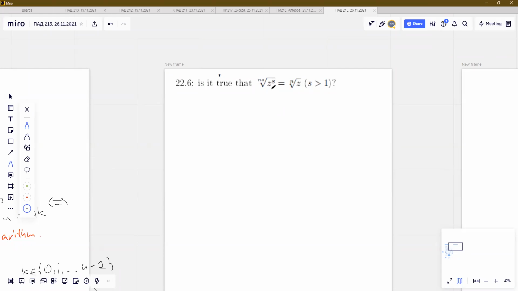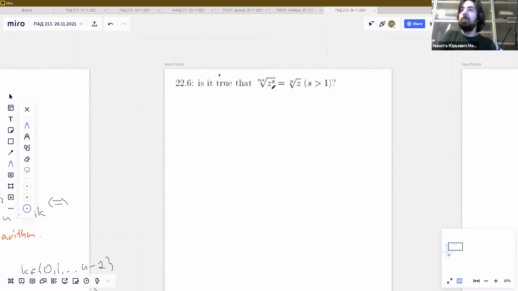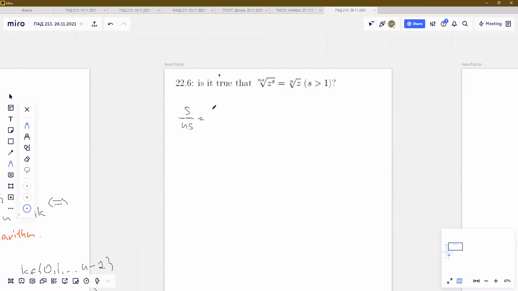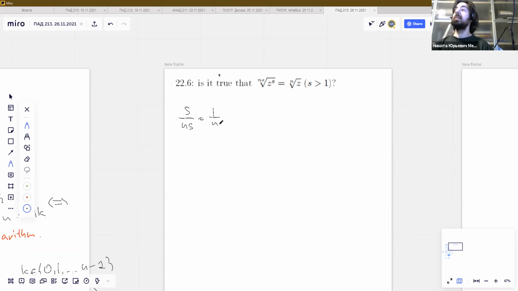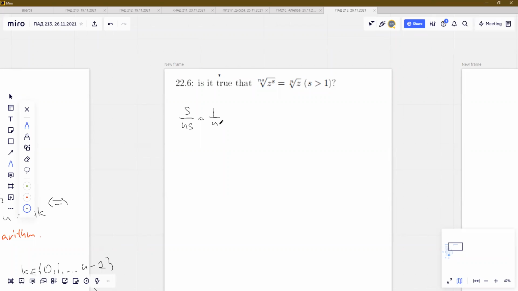Yes. You get 1 over n. That's all? No? Maybe if s is odd, then, and z is negative. Negative? Complex numbers can't be positive or negative. They're just like they are.